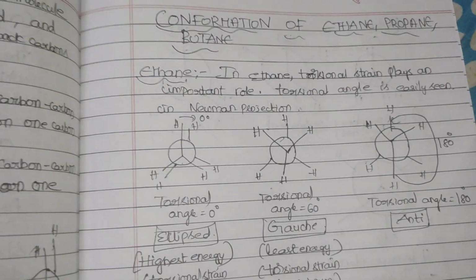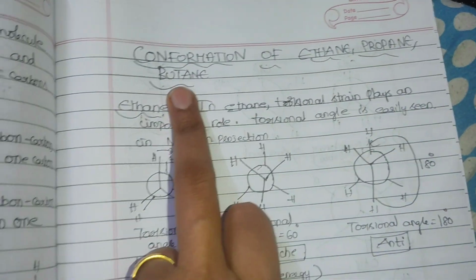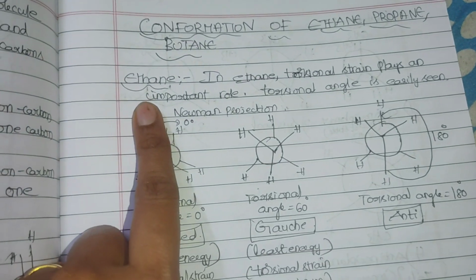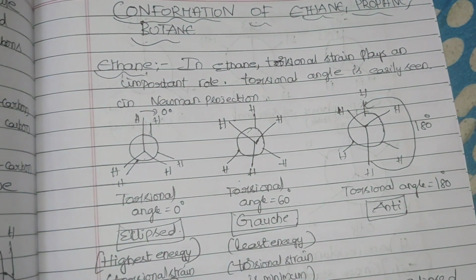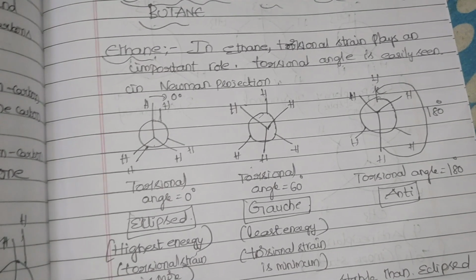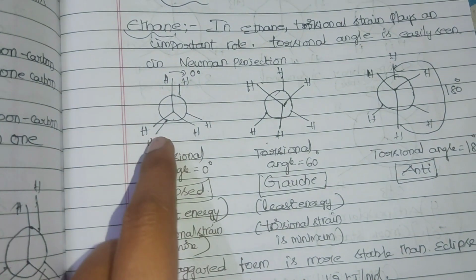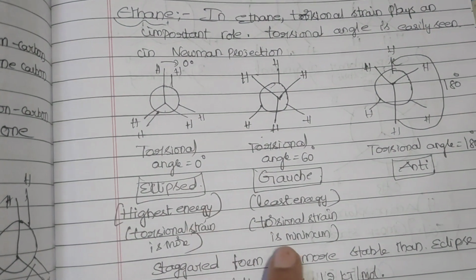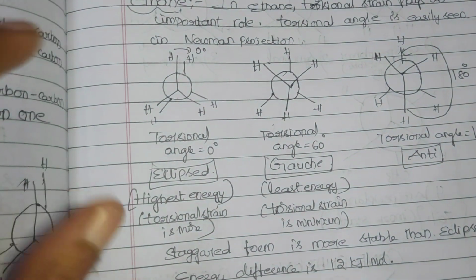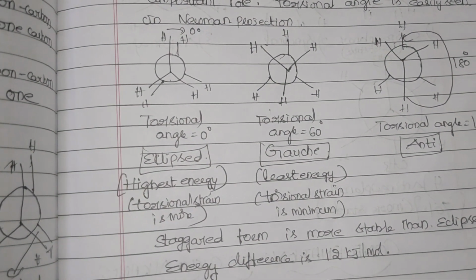We will explain it with molecules. We will see the conformations of ethane, propane and butane. In the ethane molecule, torsional strain plays an important role, and the torsional angle is also easily seen in Newman's projection. See here, the torsional angle is 0 degrees, and it has the highest energy, and torsional strain is also more because of more repulsive force.